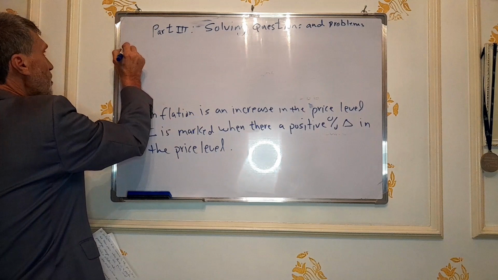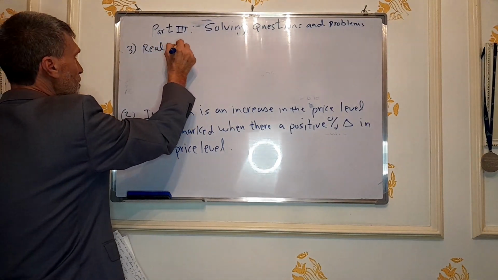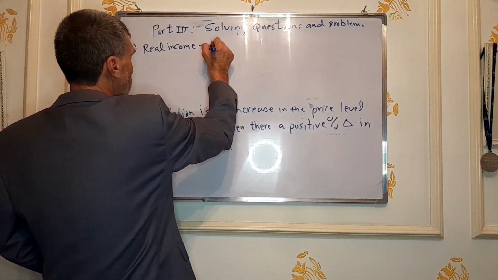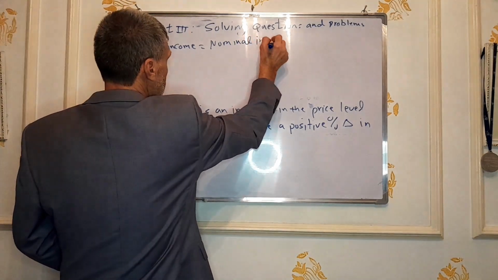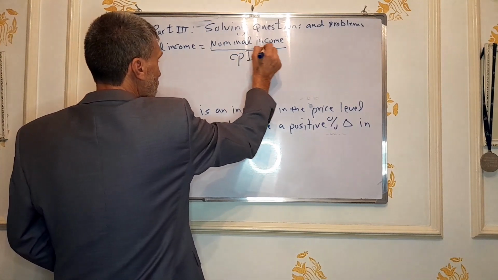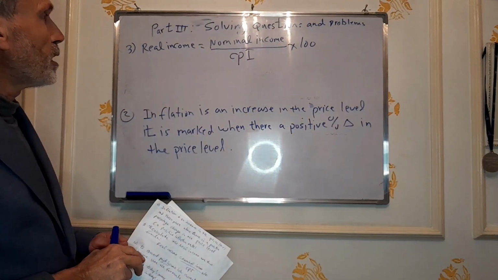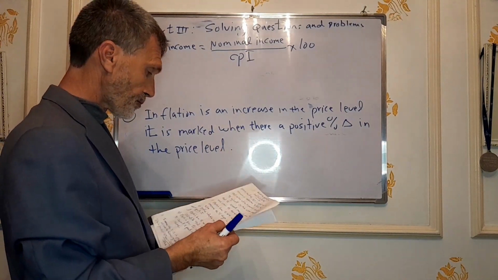So, real income is equal to nominal income over CPI times 100. So this is how the CPI is used to calculate the real income.